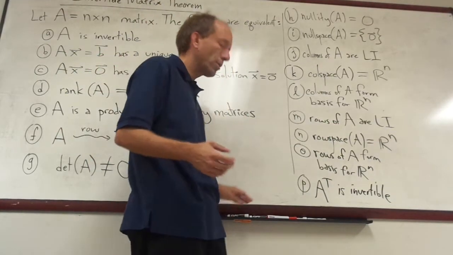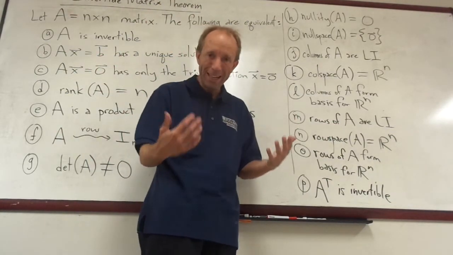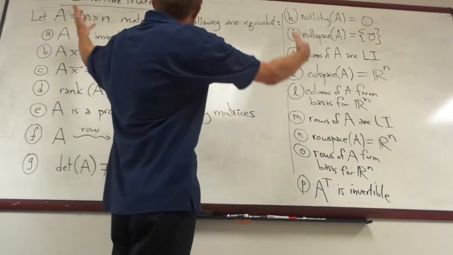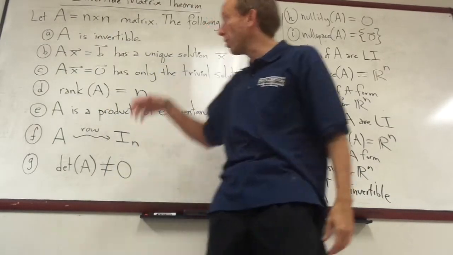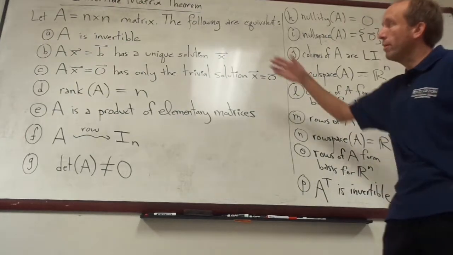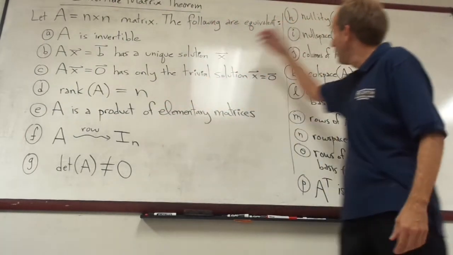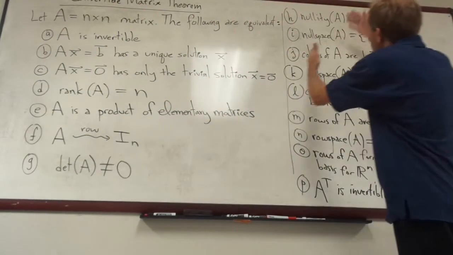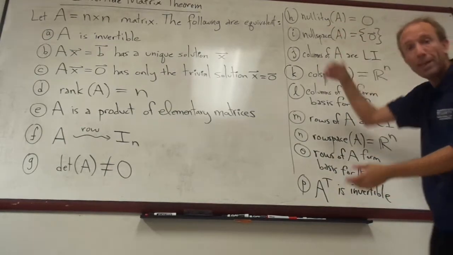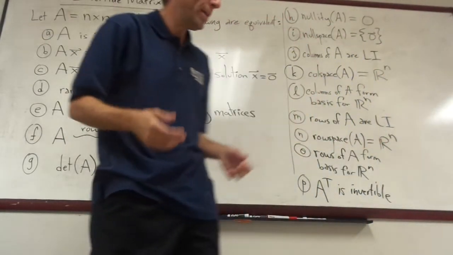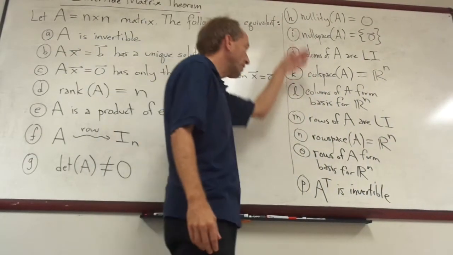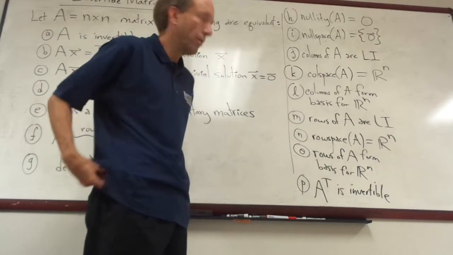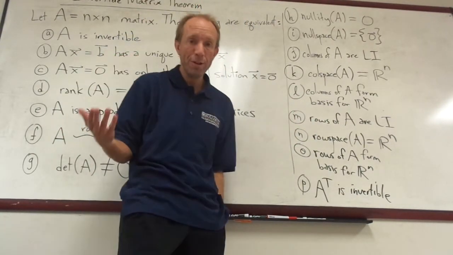This is almost like a summary of some of the theory, all put into this one big giant theorem. We've extended this list quite a bit from what we had before. Now we have all of these statements about the null space, row space, and column space, and the linear independence and basis properties of those rows and columns for an invertible matrix.